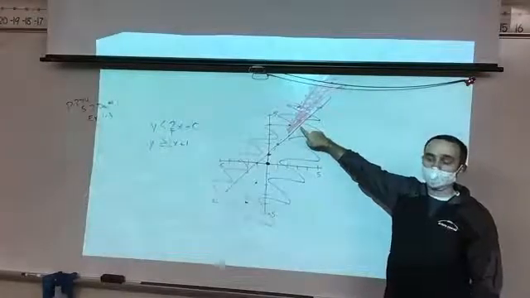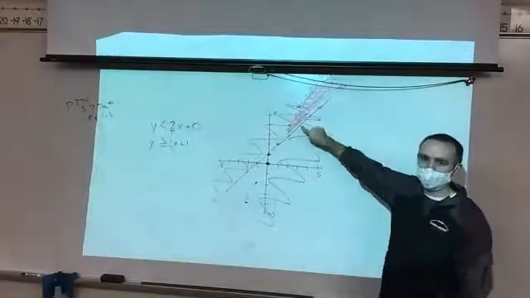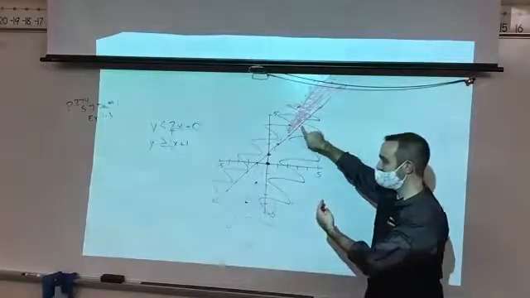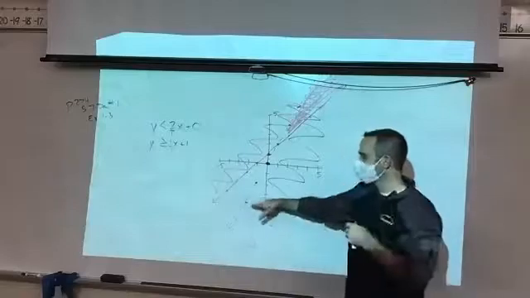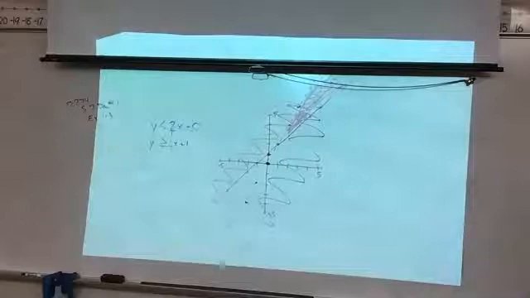This point is a solution. It's shaded with the purple, and it's on the solid red line. So it works for both. So if it's on a solid line, it's a solution. If it's shaded, it's a solution. If it's on the dotted line, it's not a solution. Okay, so we got to be aware of that as well.